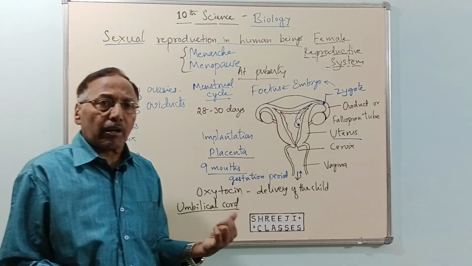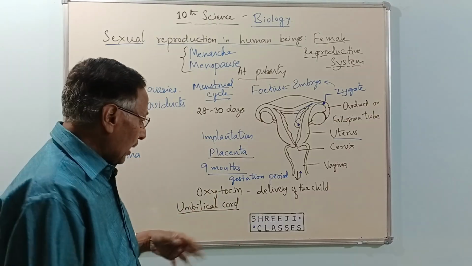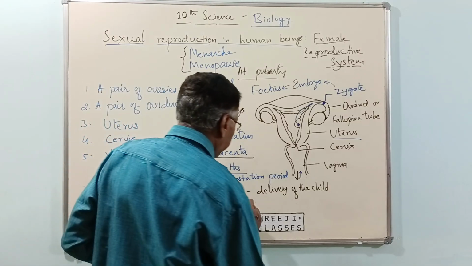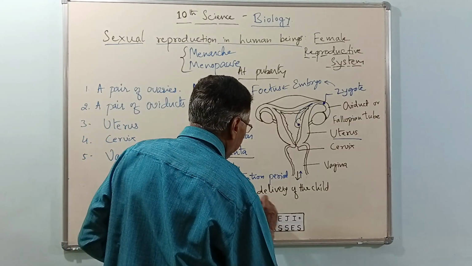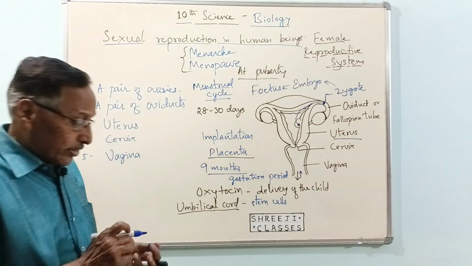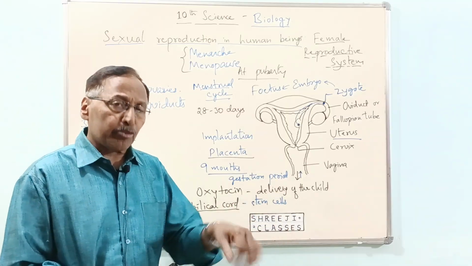Nowadays, this umbilical cord is preserved. Earlier, it used to be thrown out. But now, umbilical cord is preserved because it contains stem cells. Means what? The cells which can be made to produce anything.